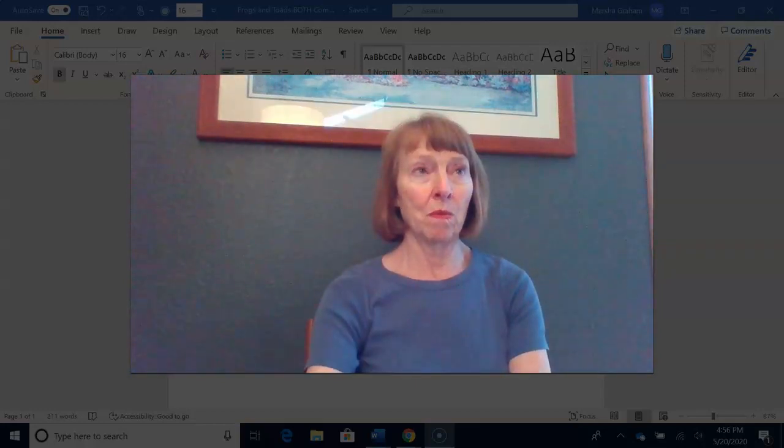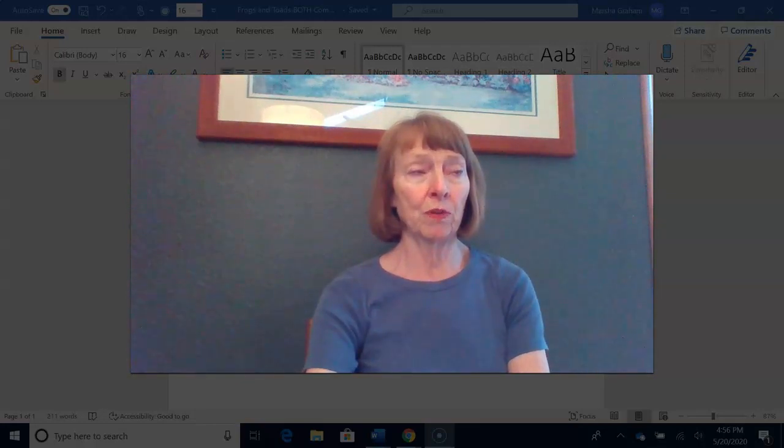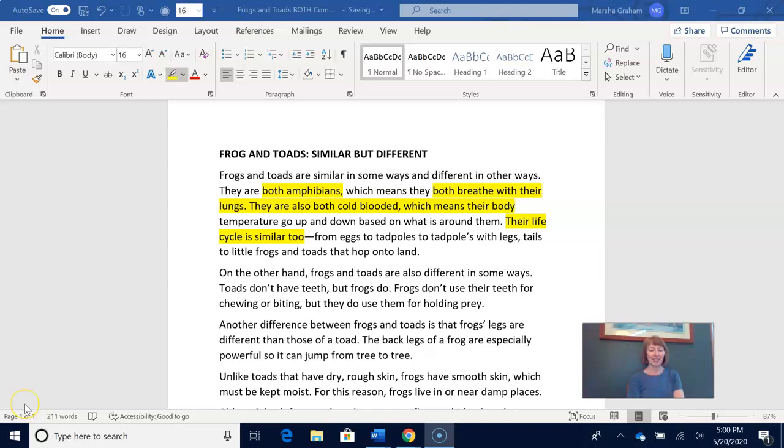Now, I will model for you how to take notes that are organized from a text written using compare and contrast structure. First, I want to compare frogs and toads by looking for information that tells how they are alike. In the text, I found that frogs and toads are both amphibians, both breathe with their lungs.